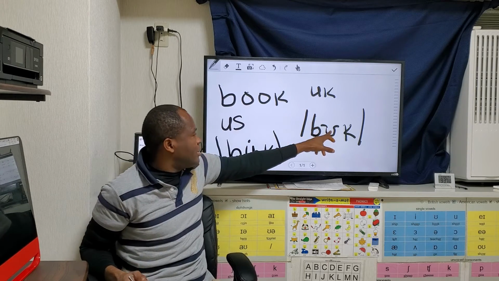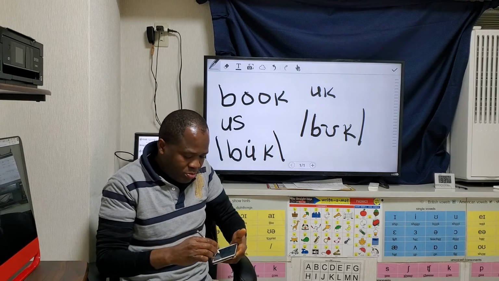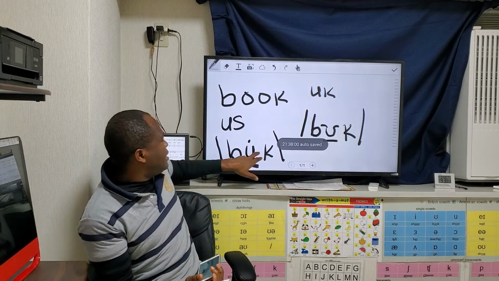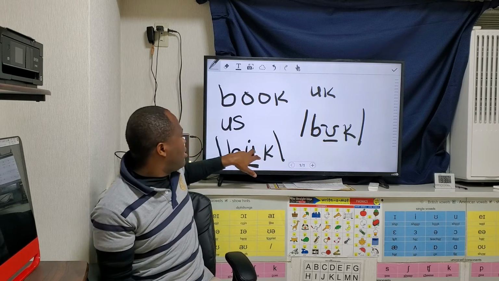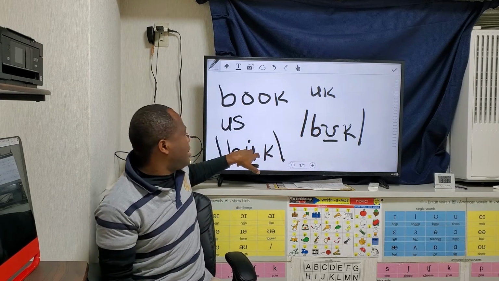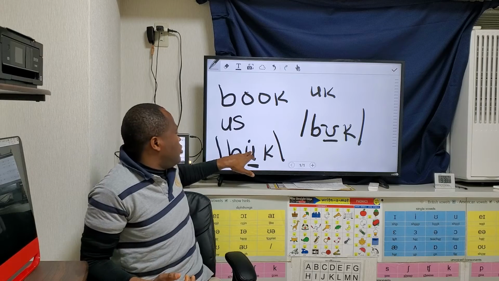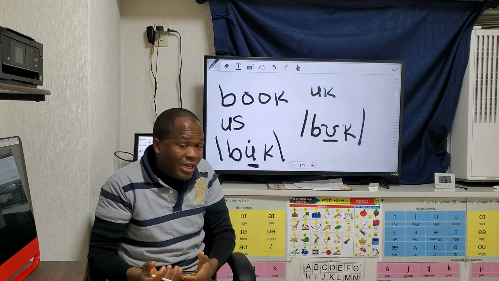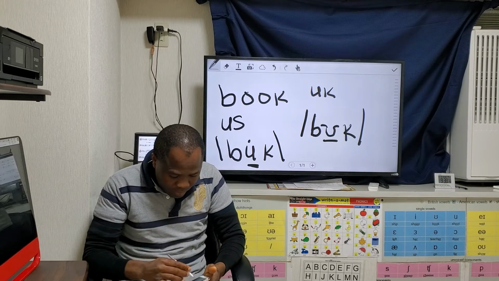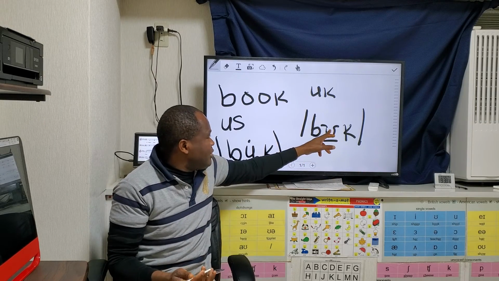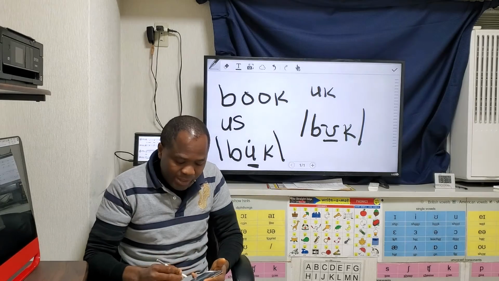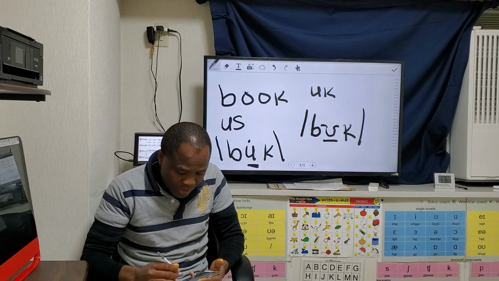Here we use this symbol in the UK, in America we use this symbol. They might be similar, but they are not the same. This is the usual U, just with a period on the top, and this is a symbol, not a letter. You can't see this in the 26 standard letters that we use to study English.